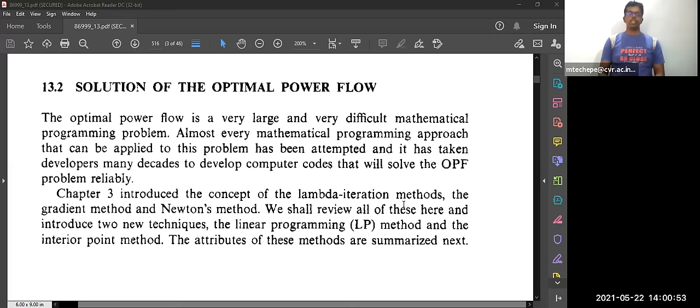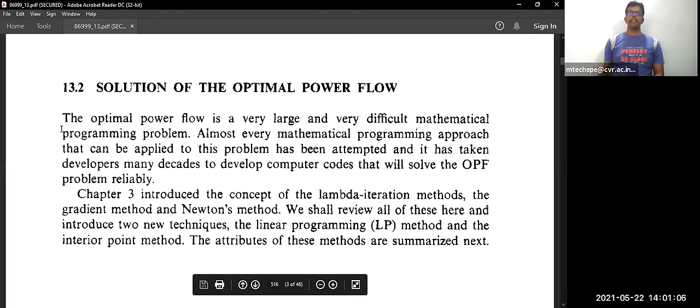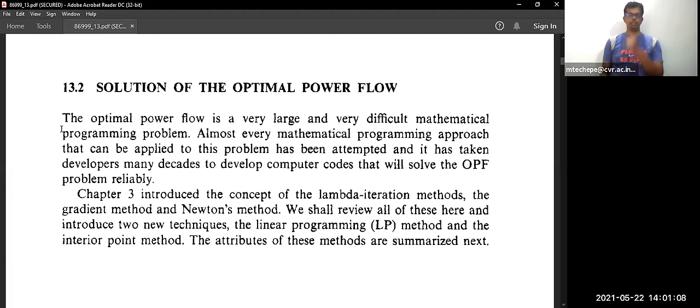Today we are going to see the solution to optimal power flow. The optimal power flow is a very large and very difficult mathematical programming problem. Very large and very difficult, as we saw in the last class, considering how many constraints are involved.